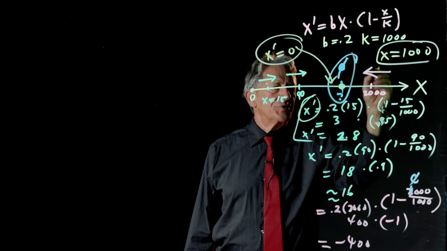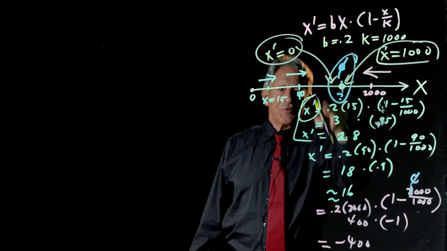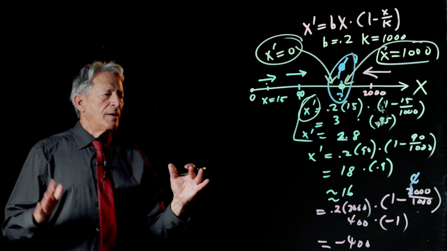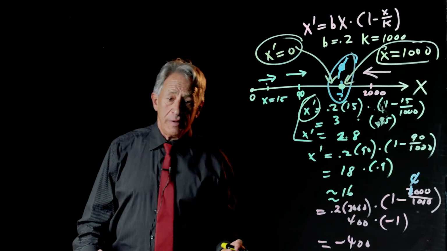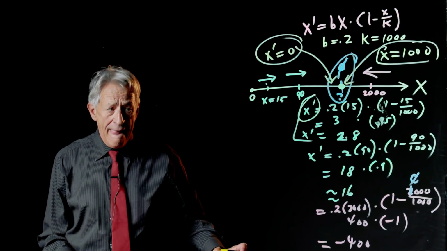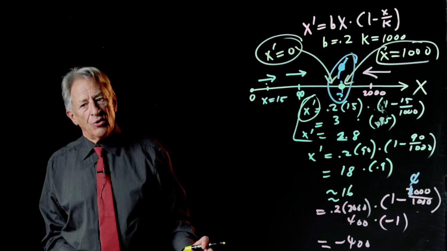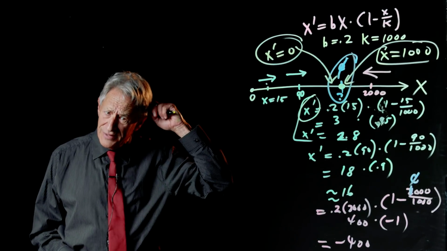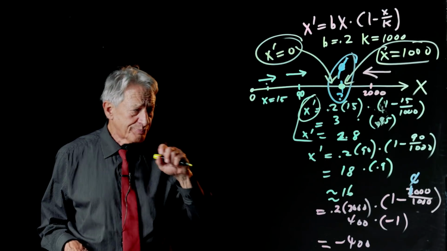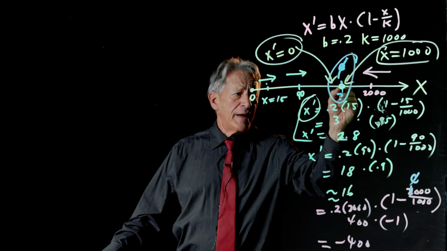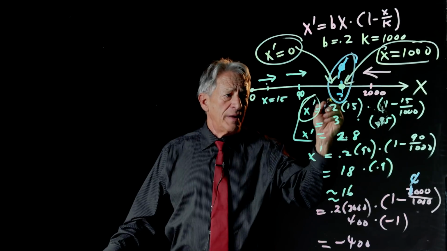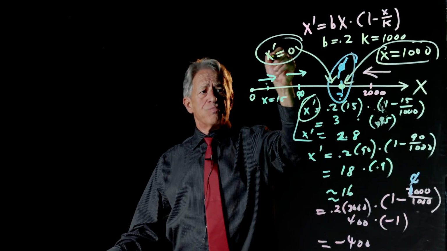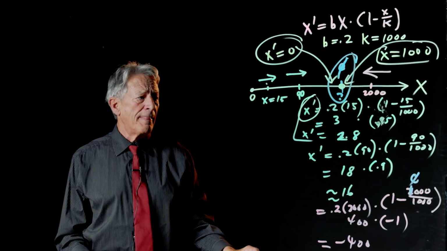So at this point, both of those things are true. X is 1,000 and x prime is 0. You will learn that this is called an equilibrium point of the system. We'll talk about that in a week or two. But for now, let's just note that at this point, x equals 1,000 and x prime equals 0.